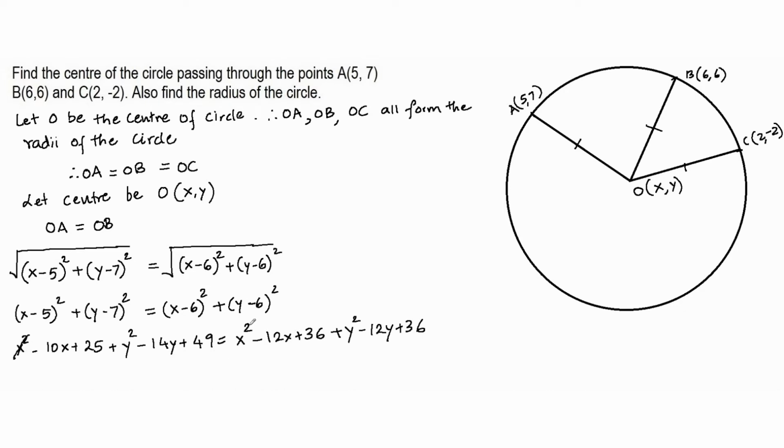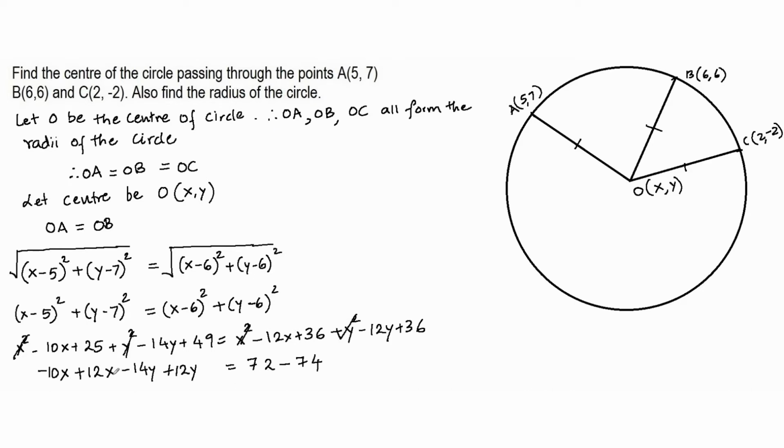Now x square and x square cancel from both sides, y square and y square cancel from both sides. So grouping the x terms on the left hand side and the y terms also on the left hand side, I can shift the negative 12x to the left side, it becomes positive 12x. So negative 10x, positive 12x, negative 14y, and the negative 12y transposes to this side to positive 12y is equal to 36 plus 36 is 72 minus 25 plus 49 is 74, right?